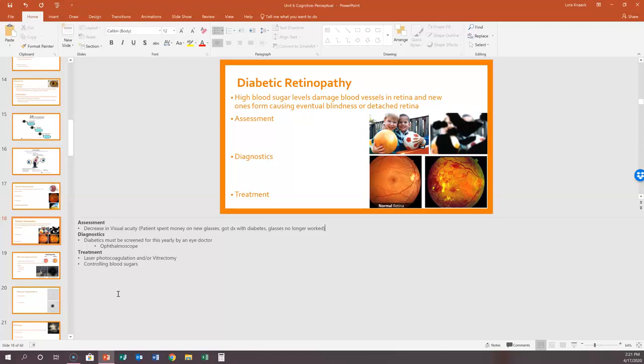And they'll have the patient come in every day to get their injection at these health places. And then after 2 weeks of doing that, they'll test their visual acuity again. They do an initial one before treatment, and then one after 2 weeks, and they'll see it's better. And then it helps with compliance, because when these people start doing their own treatments at home, they're more compliant with it because they can actually see, yep, it did change. It got better. Diagnostics: diabetics must be screened for this yearly by an eye doctor.